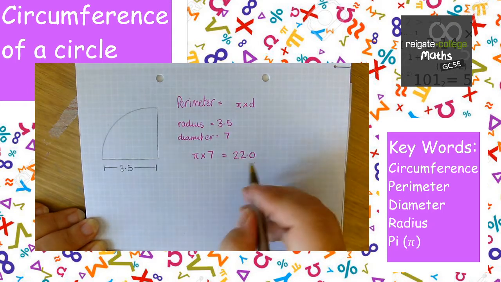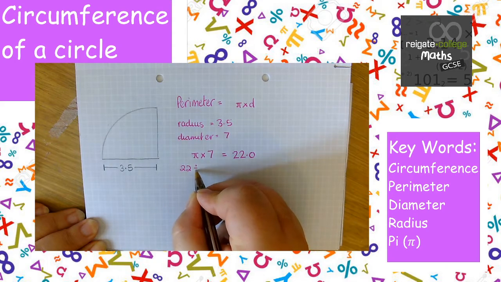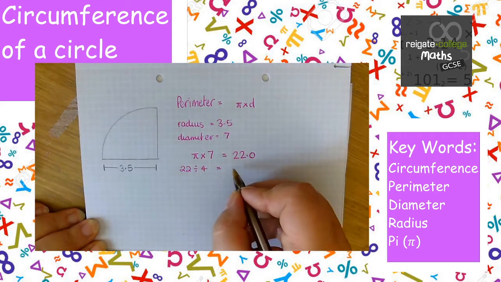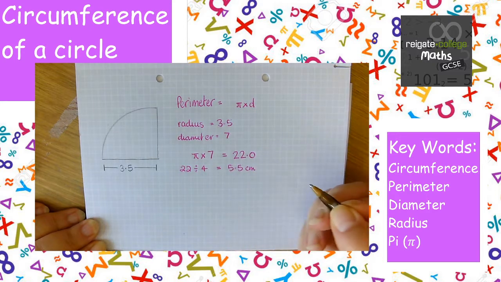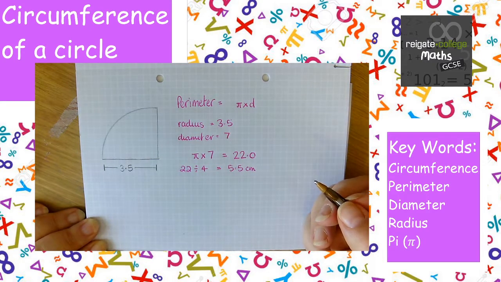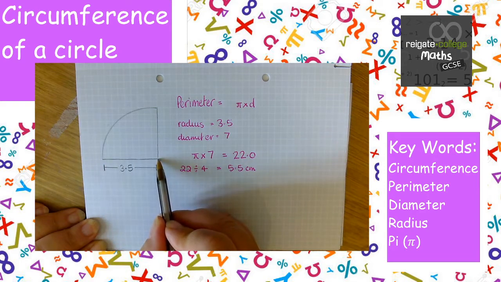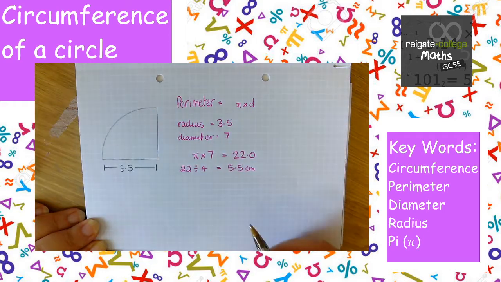I only need a quarter of this measure, so I'm going to divide it by 4, which means the circumference for the part of the circle I've got measures 5.5 centimetres, and I just need now to add in this measure, which is a radius, and this measure, which is a radius.